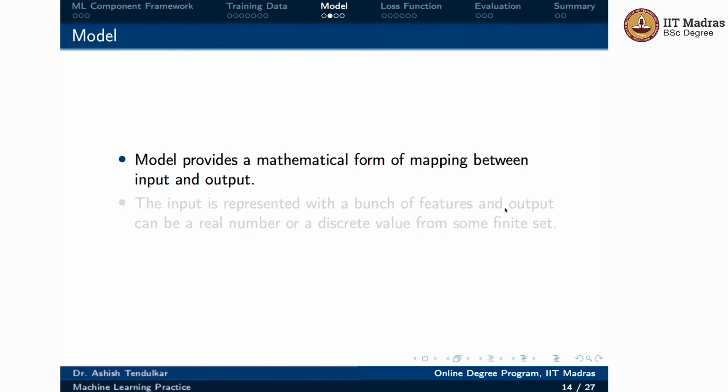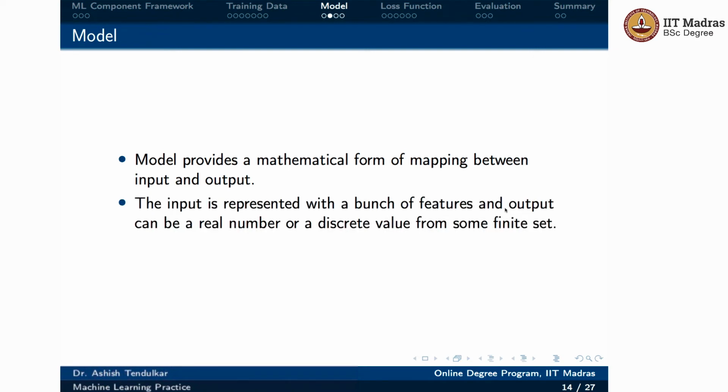We had looked at the linear model in our previous video. The input is represented by a bunch of features, and the output can be a real number or a discrete value from a finite set. The model will provide a mapping between the pair of input and output.